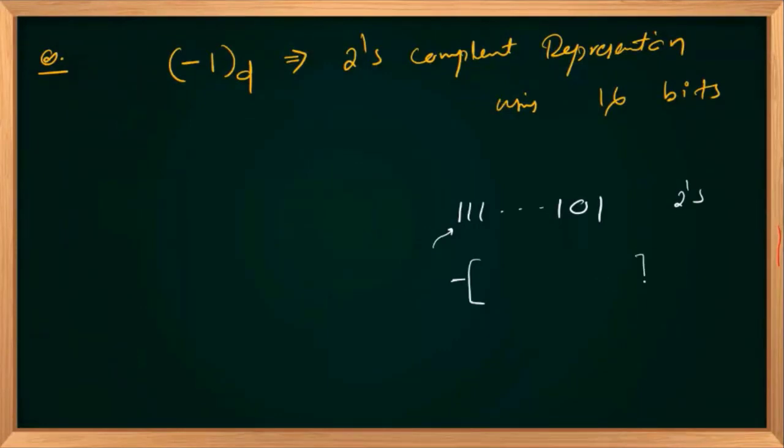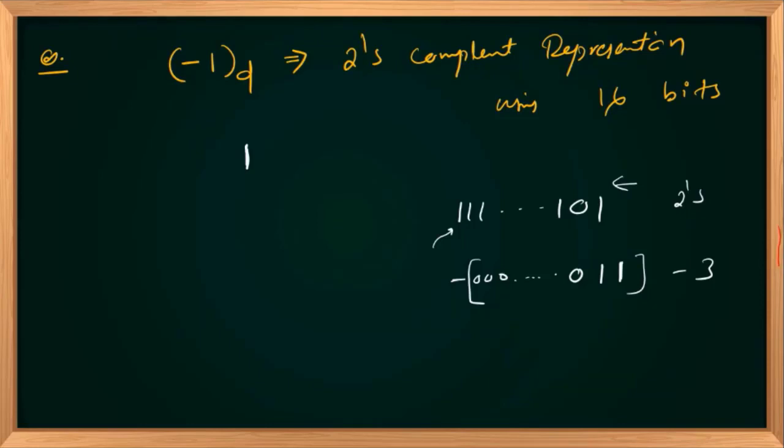So I should travel from the right extreme, repeat until I observe the first one, then complement the digits. So this is nothing but minus 1. To represent minus 1 in 2's complement, you require only one digit.